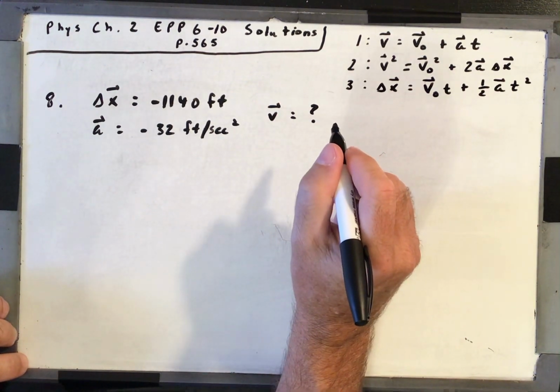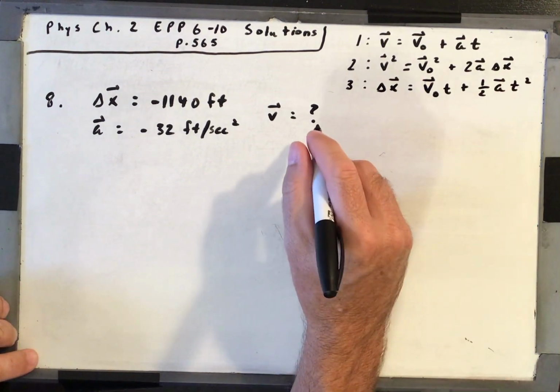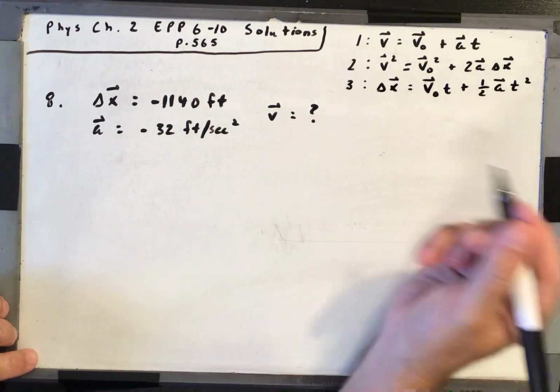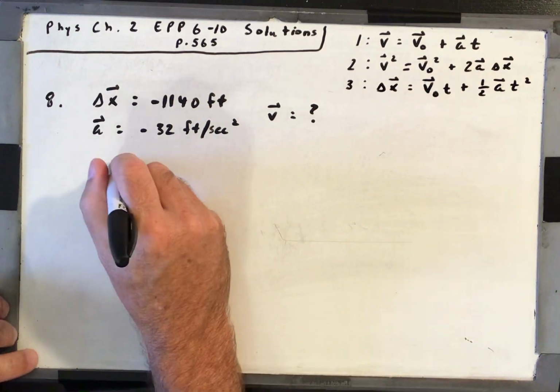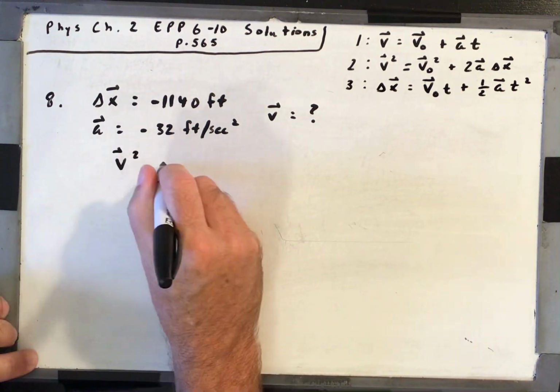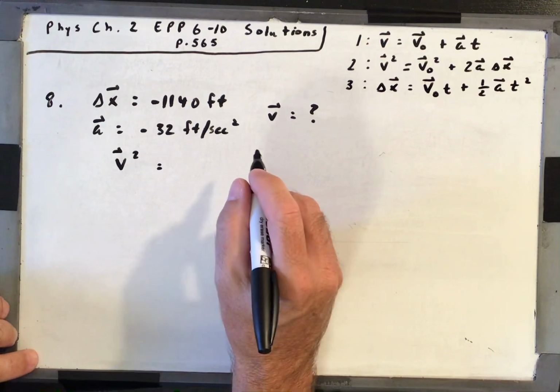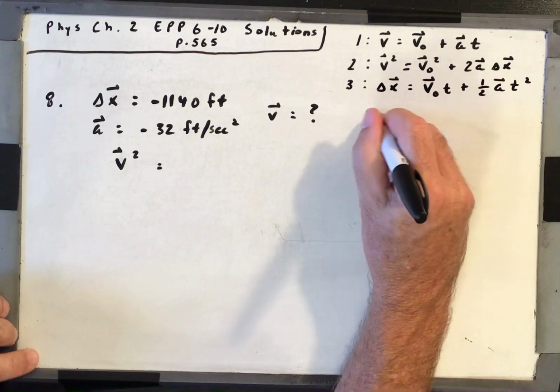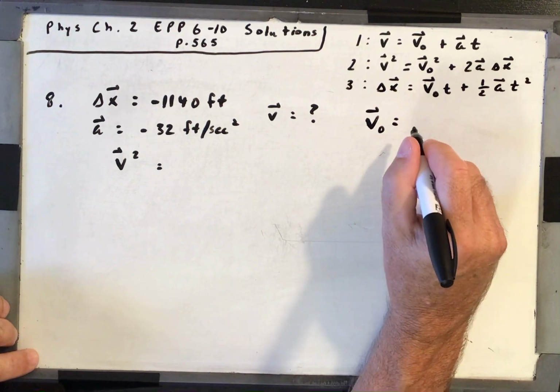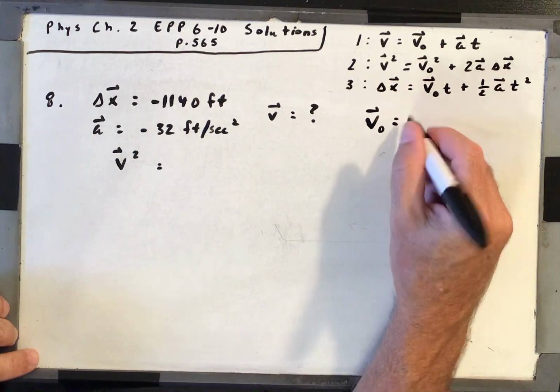We don't know anything about time, so I think we're going to need equation 2. So we'd have final velocity squared is equal to initial velocity squared. Now, what is initial velocity? Is the sandbag thrown down? No, so it's 0.